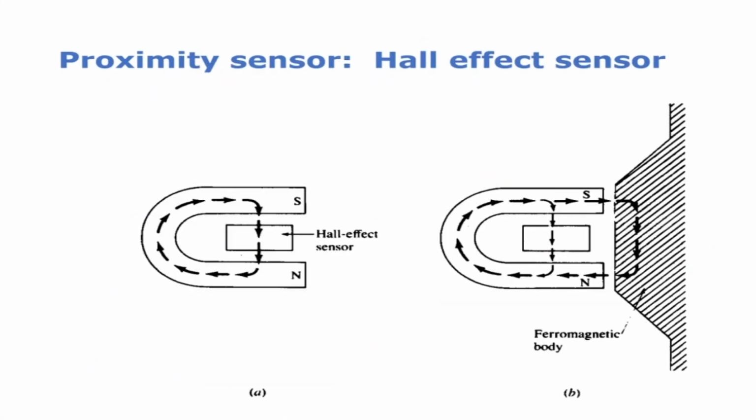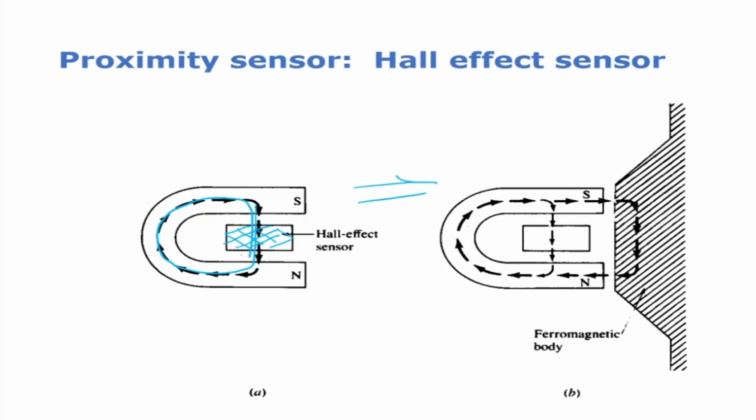Another proximity sensor is the Hall effect sensor, and its working is also very simple and almost similar. This is my Hall effect sensor, which is placed inside a north-south pole, a horseshoe kind of magnet. If there is nothing in front, the magnetic lines of force pass like this, meaning they go through the Hall effect sensor.